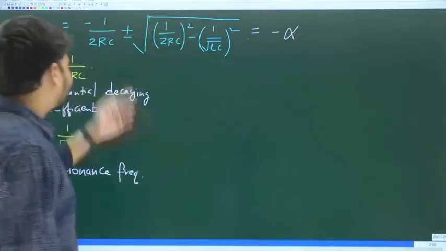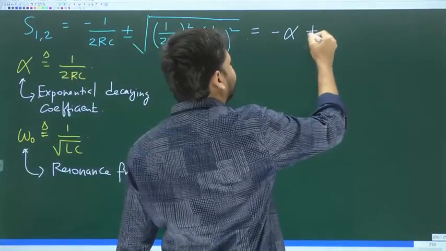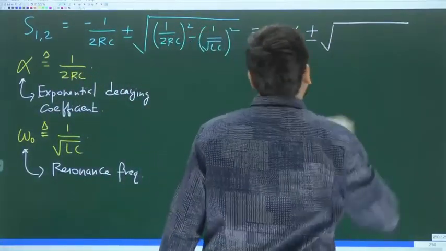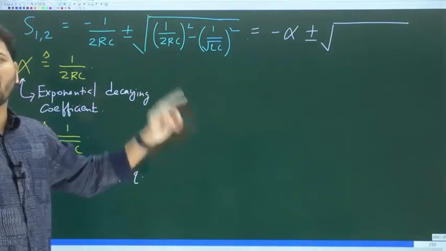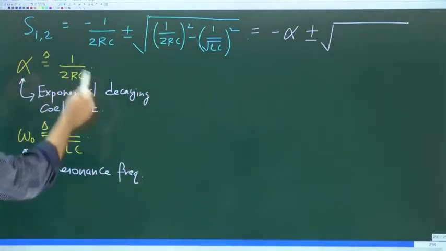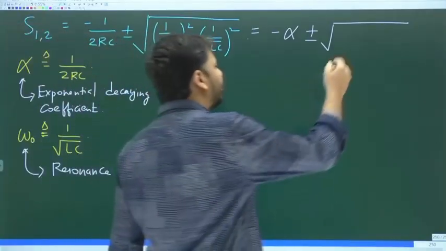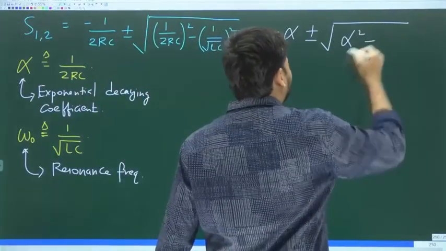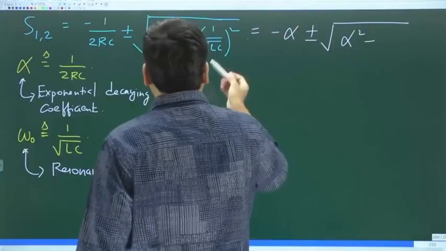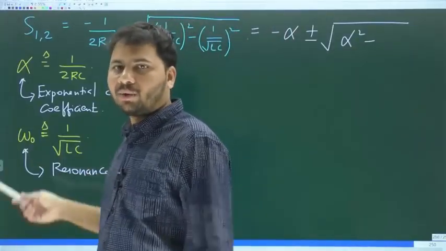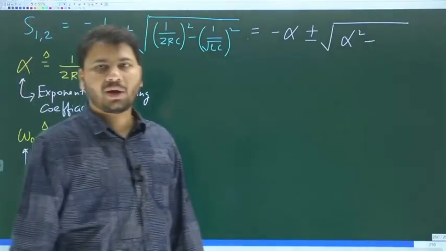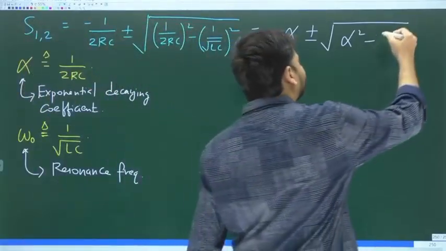And then we have plus minus square root of, inside the square root, the first term is 1 by 2 RC squared. Again 1 by 2 RC is alpha. So 1 by 2 RC squared is alpha squared. Minus 1 by root LC squared. 1 by root LC is omega naught. 1 by root LC squared is omega naught squared. Okay.